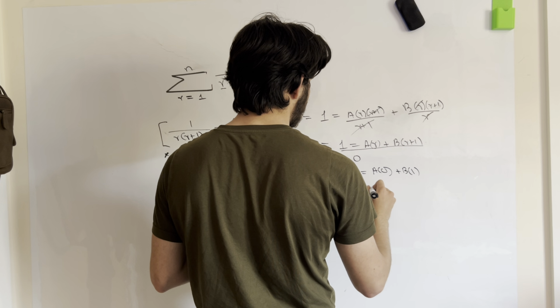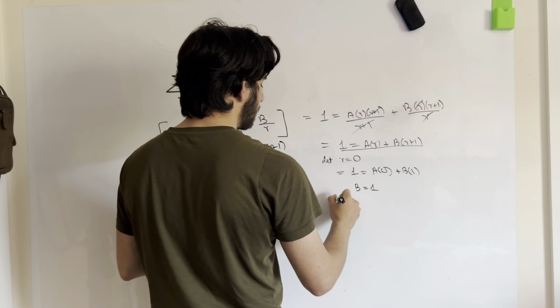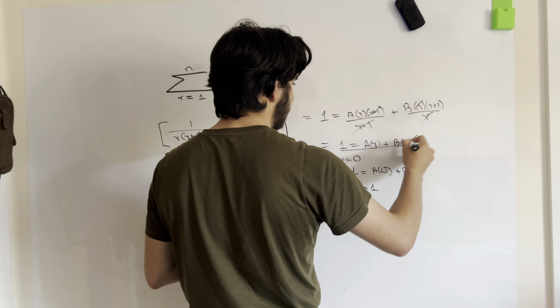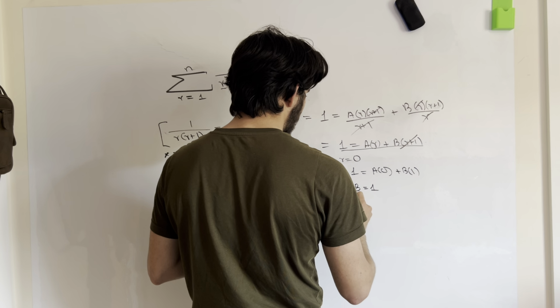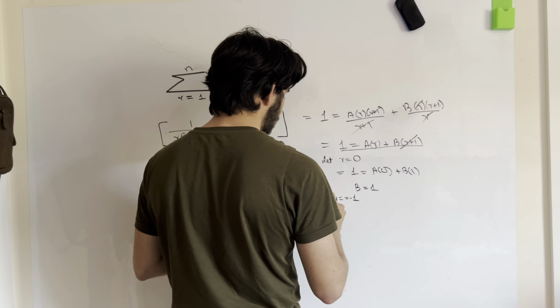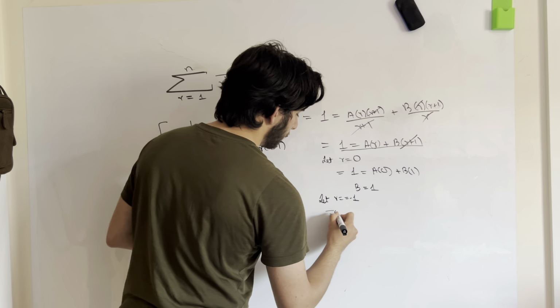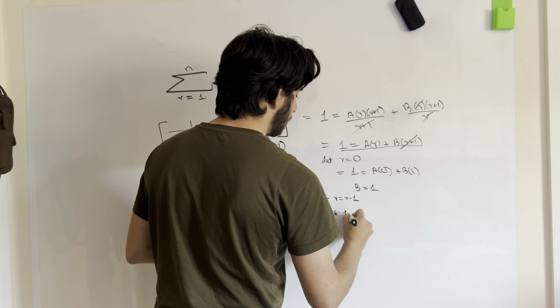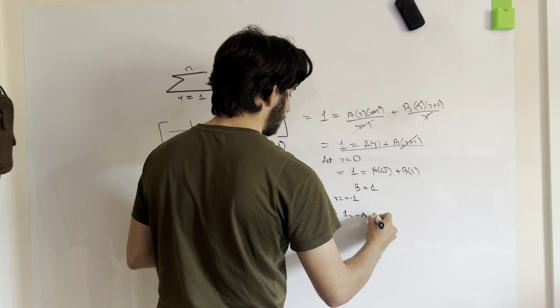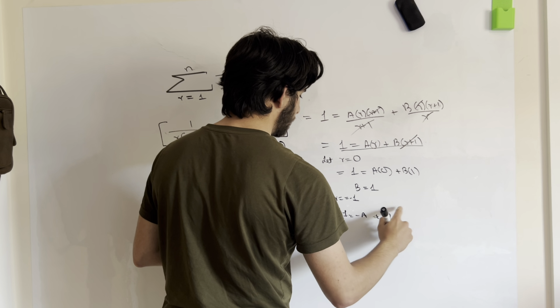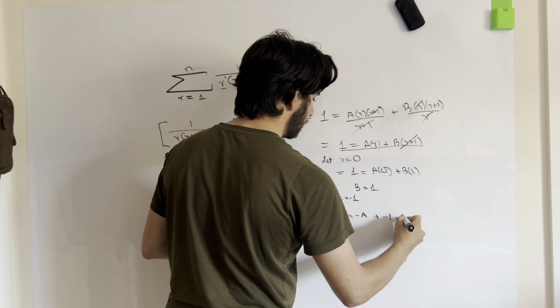Hence, b equals 1. Likewise, to cancel b out, you can let r equal minus 1. Substitute in, you get 1 equals minus a. Thus, minus 1 equals a.